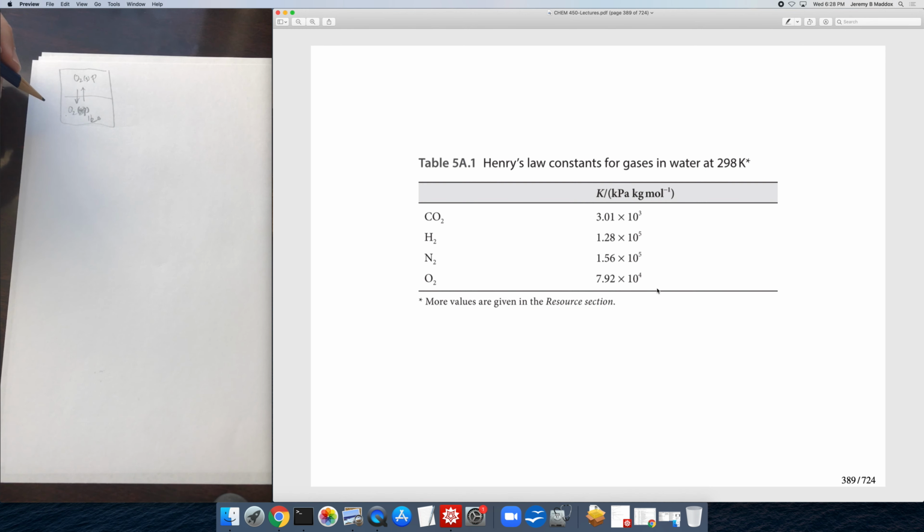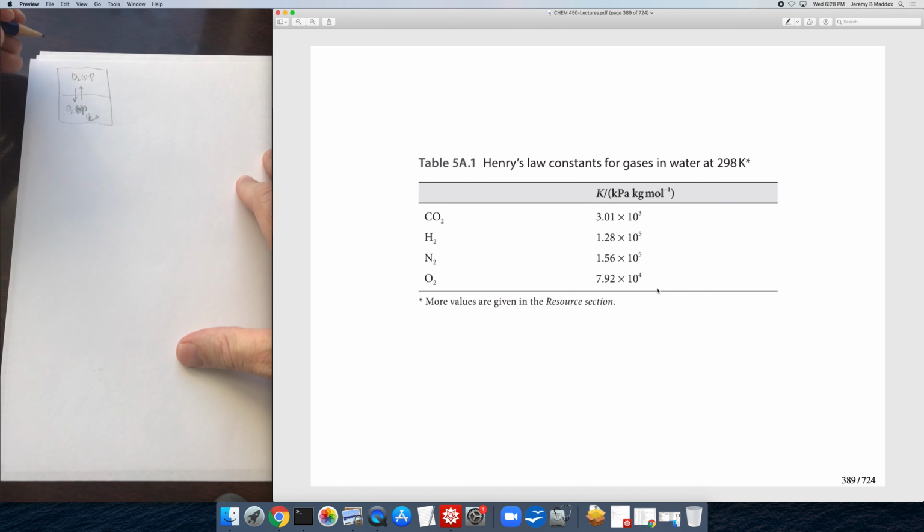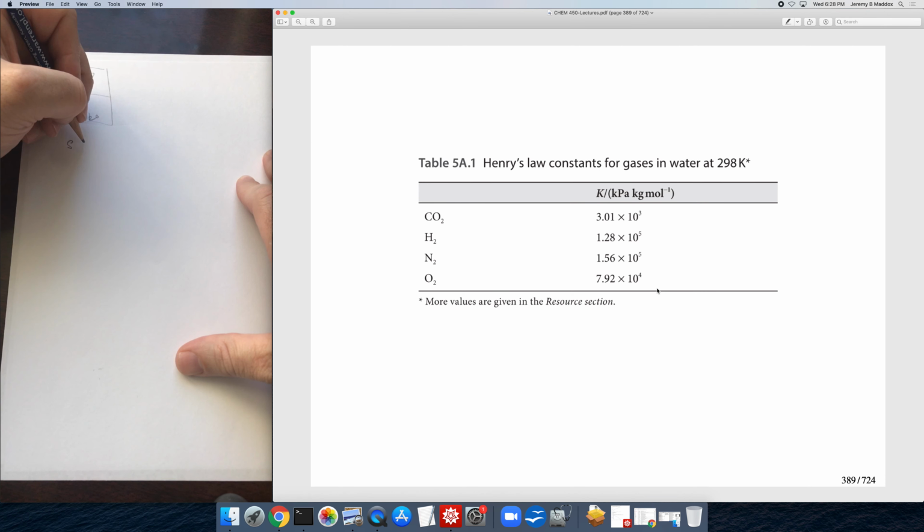So I'll go to the previous slide here. Essentially the solubility of O2 is going to be equal to the Henry's law constant times the partial pressure of the O2 above the solution. Let me check out the units real quick. Let's see, I've got it backwards.